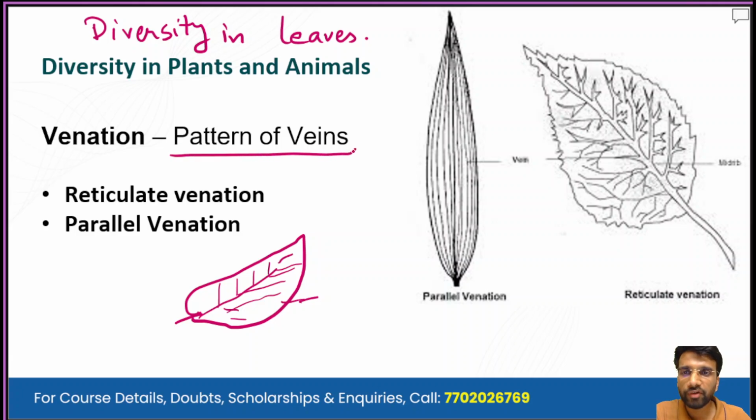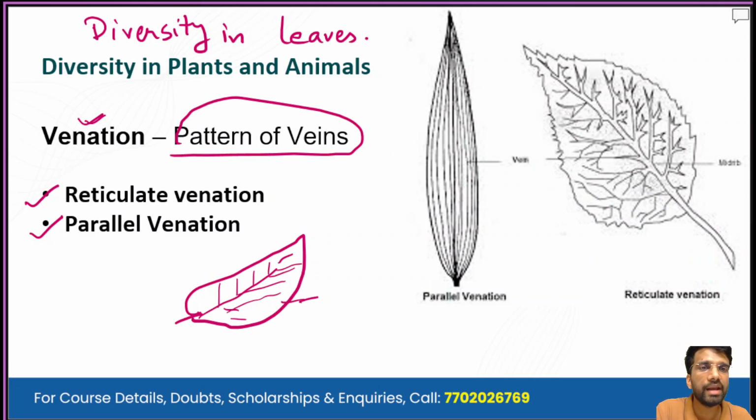This pattern of veins is known as venation. Based on the way in which veins are arranged, the venation is of two types: reticulate venation and parallel venation.